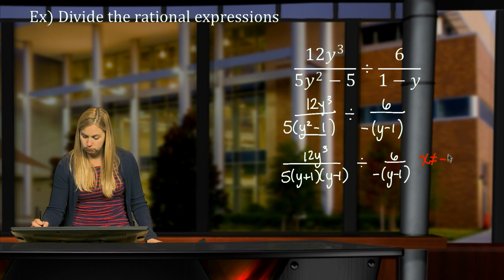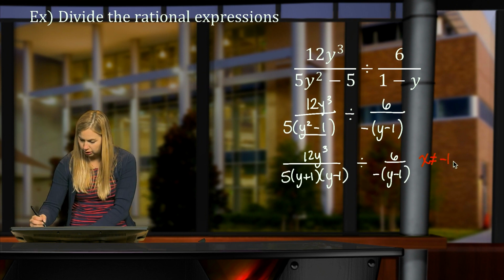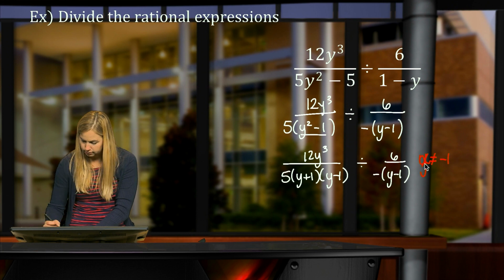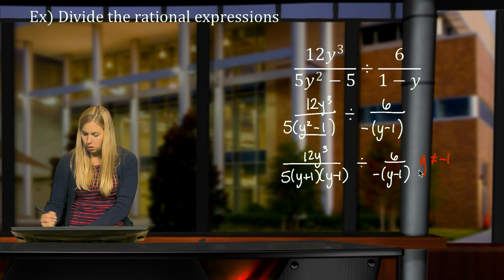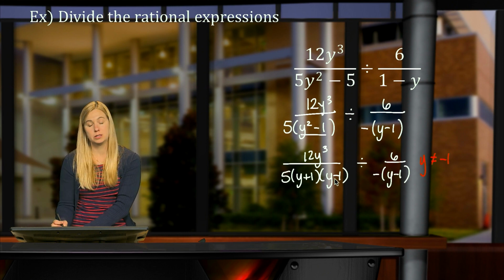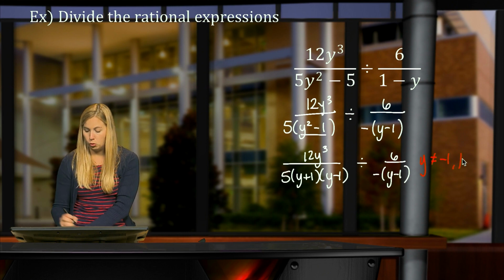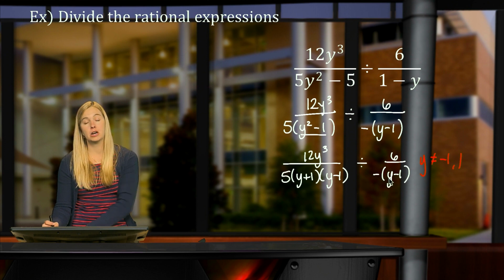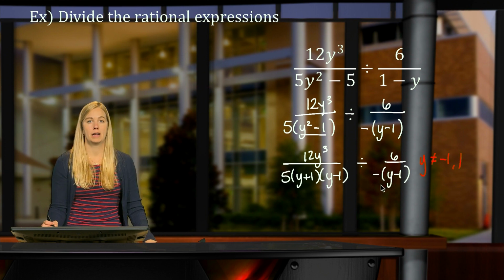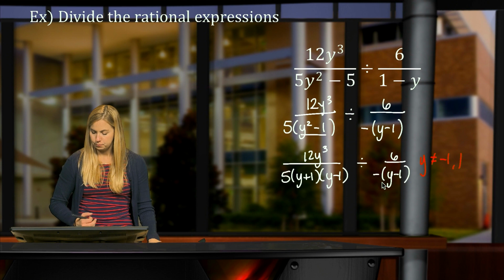Y plus 1 is negative 1, and I should actually make this a y, not an x. Let me fix that. Y cannot equal negative 1. From this factor, y cannot equal positive 1. And from here, we have the same factor of positive 1. We don't need to restate it.